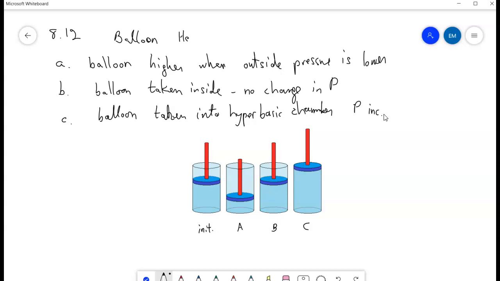The balloon is taken inside, there's no change in the pressure. And the balloon is taken to the hyperbaric chamber. And they mentioned no change in temperature.